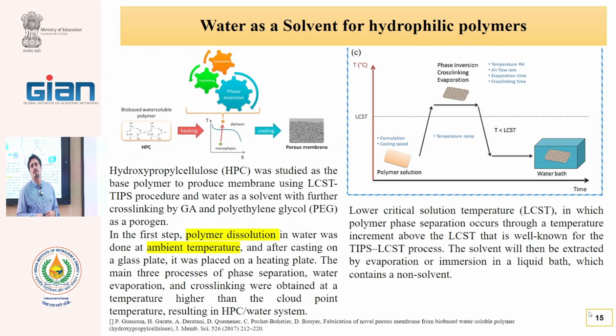That means at high temperature, the polymer is dissolved, and when we reduce the temperature, the polymer is insoluble. We call this the thermally induced method, TIPS. In TIPS, at high temperature, we dissolve the polymer. With reducing temperature, solubility is removed and phase inversion happens.